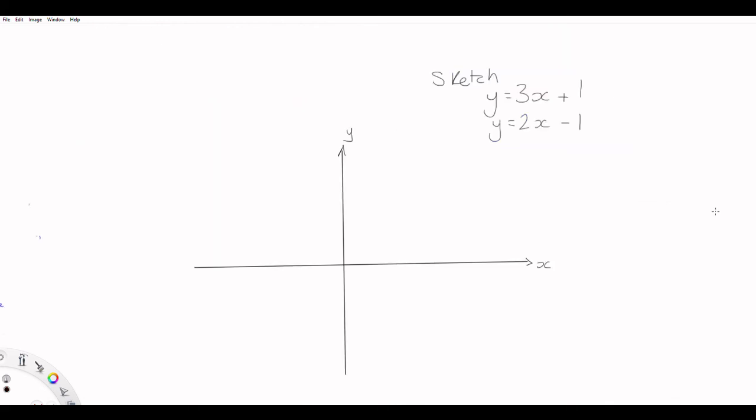So now we can use that knowledge to answer the question: sketch, and then have an equation in the form y equals mx plus c. As a reminder, in y equals mx plus c, m is the gradient, and c is the constant at which it crosses the y-axis, the line x equals 0. Therefore, we can sketch it. When we say sketch, we just want to draw a line and then label up the key points. Firstly, if we take number 1 here, we'll do this in red.